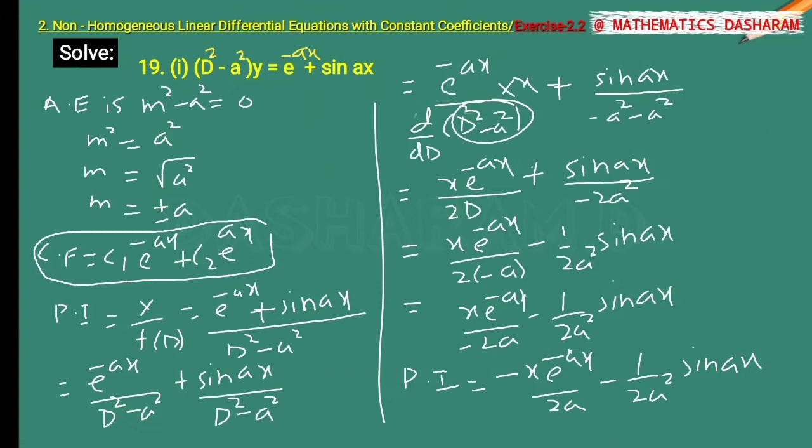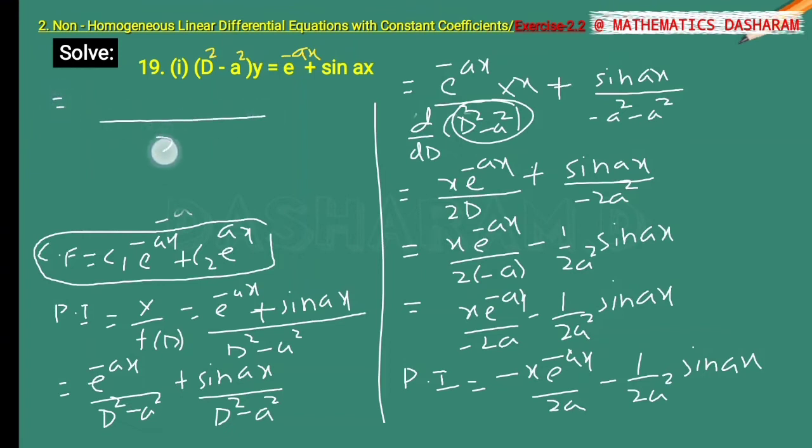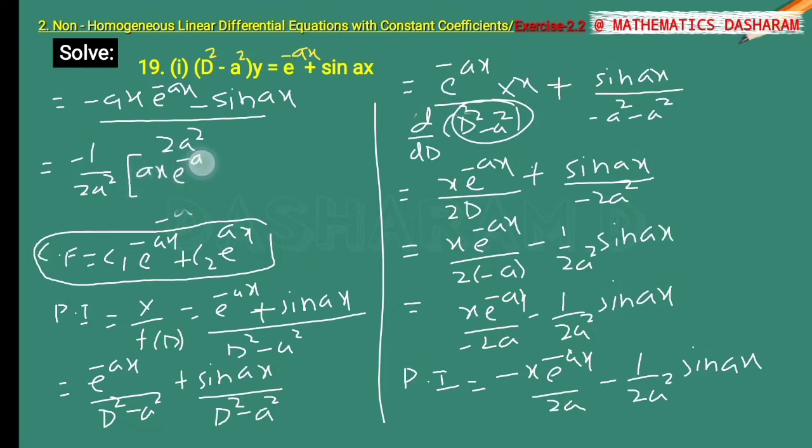Do one thing, let's take the LCM. Here the LCM is 2a square. Then a will come in the numerator: ax into e to the power of minus ax minus sine ax. Now take the minus 1 by 2a square common, then ax into e to the power of minus ax plus sine ax.